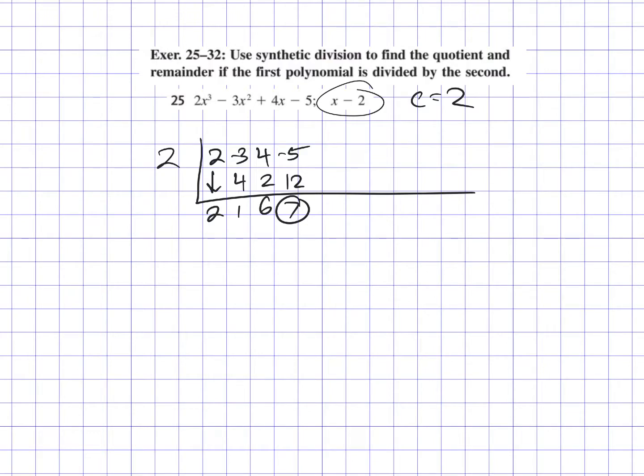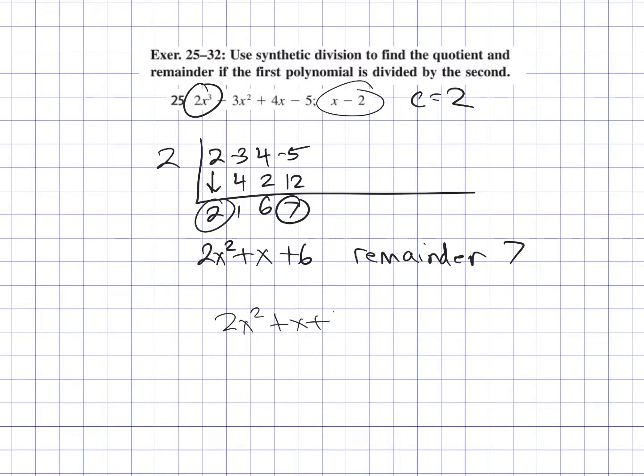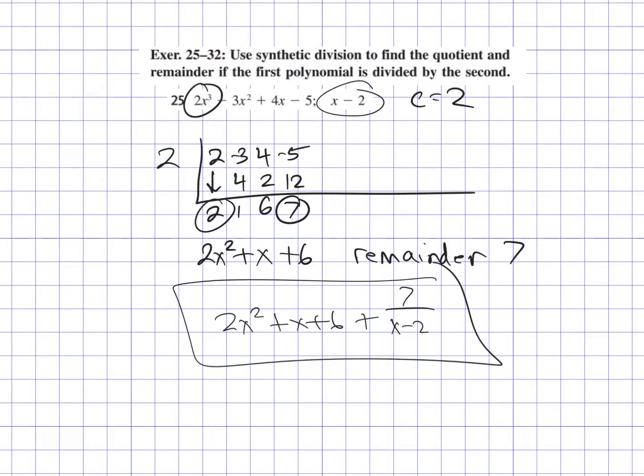All right, so what that says is if this is 2x cubed, this right here is going to be 2x squared plus 1x plus 6 with the remainder being 7. Could be written like this, 2x squared plus x plus 6 plus 7 over x minus 2. That's really the final answer.